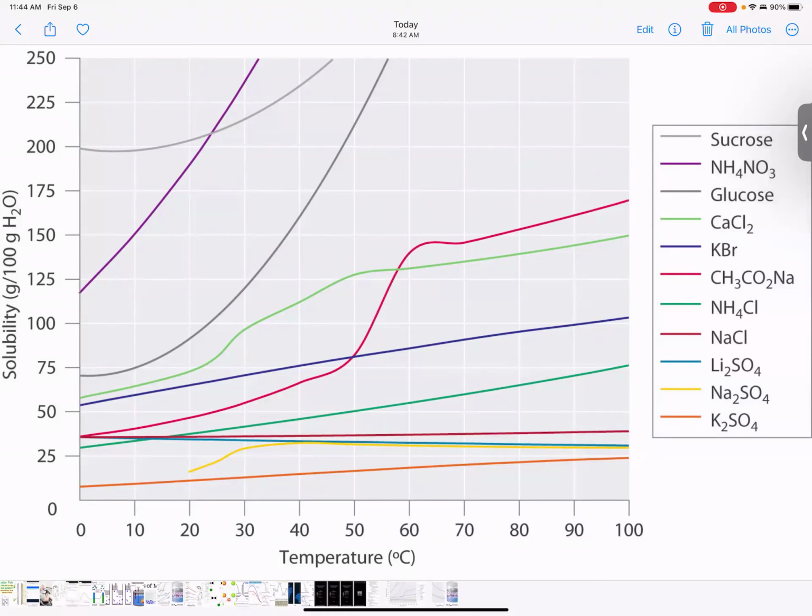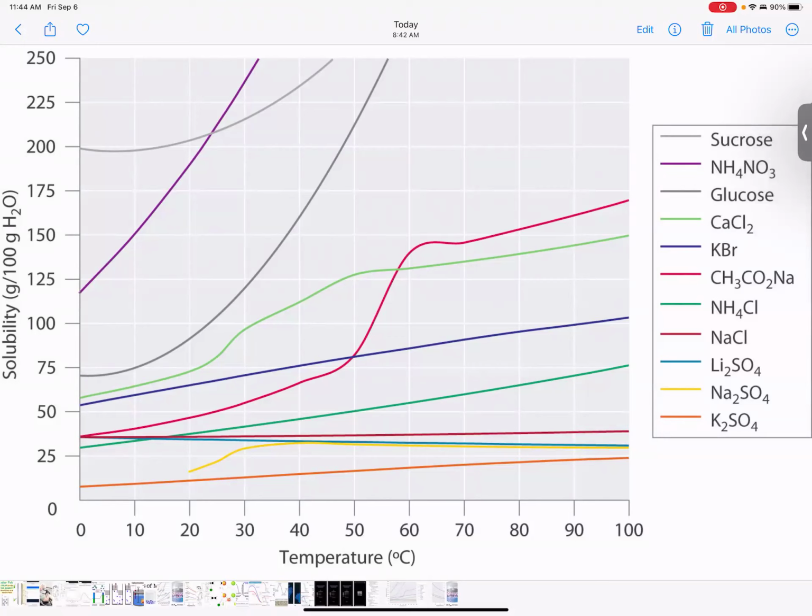Now, as was stated, you can, under the right conditions and with the right substances, get supersaturated solutions. A supersaturated solution means that you have more in solution than should be there at that temperature.